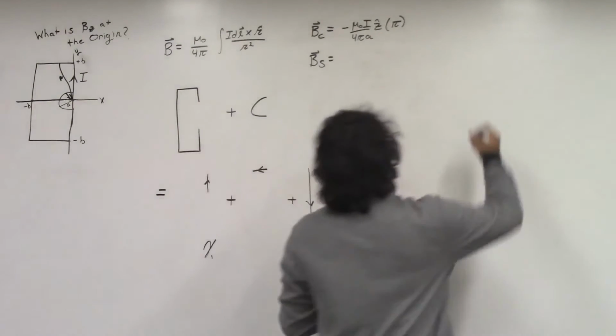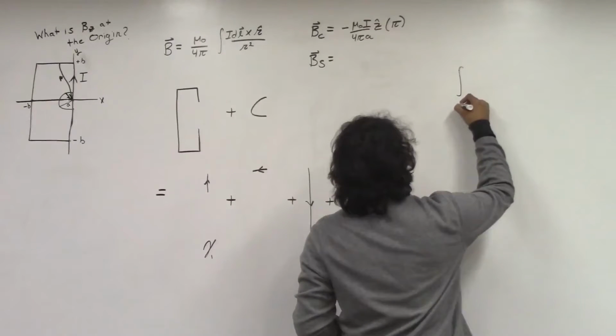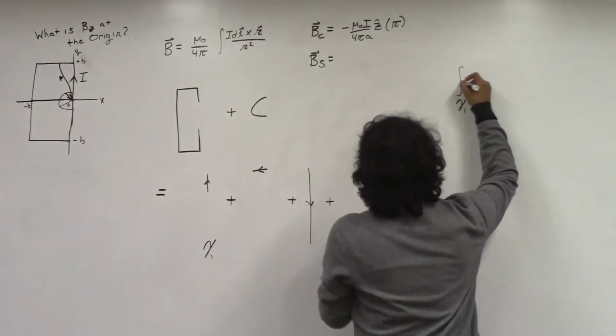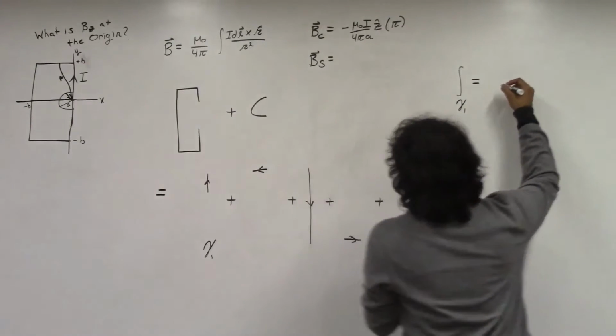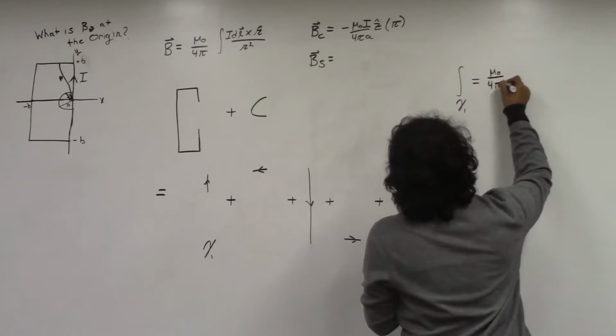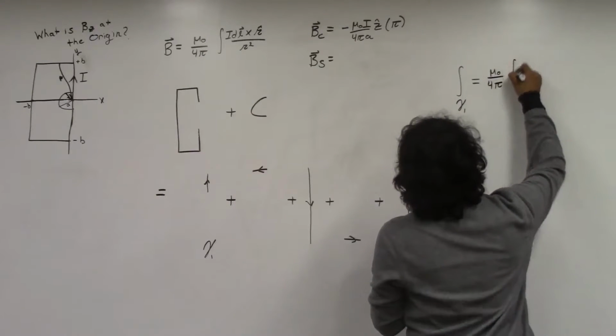So the integral over gamma 1 for the line integral is going to be equal to mu naught over 4 pi integral.